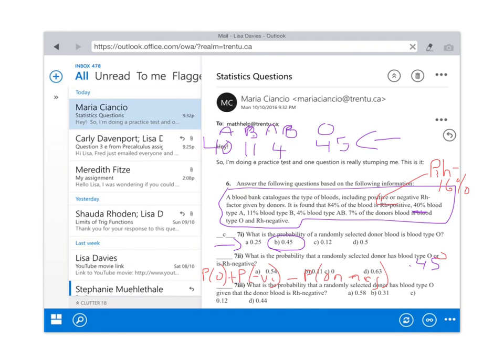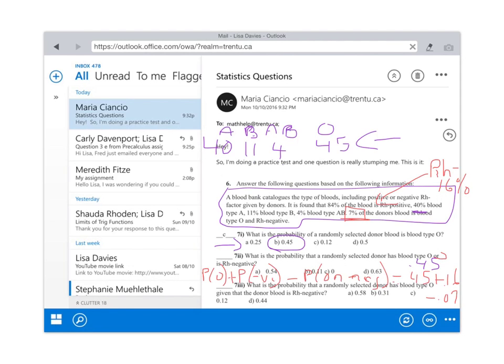That's going to give us 0.45 plus the probability of it being negative, which we just said was 0.16. And we have to subtract the probability of it being both type O and Rh negative, and luckily they told us that's 0.07.